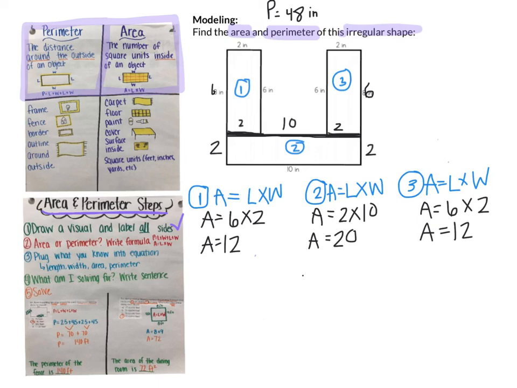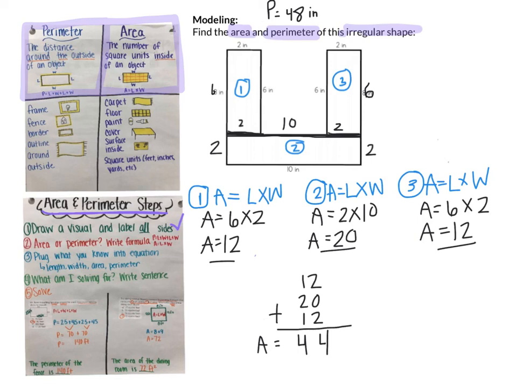Our first area was 12 plus 20 plus 12. So we're just adding up our 3 areas to find the total area. All right, when we add those up, we get an area of 44 square inches.